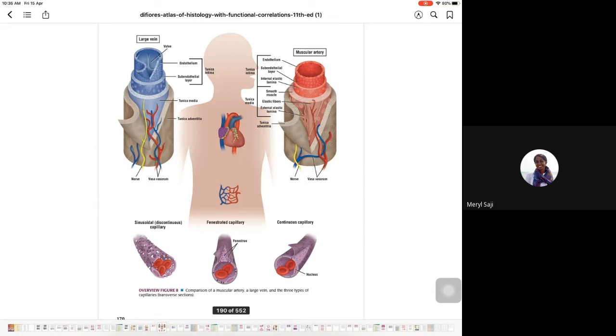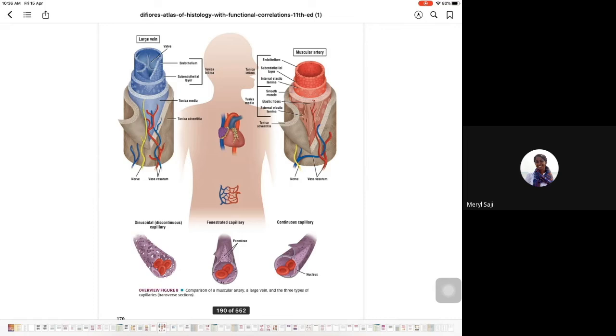And muscular artery, starting from the innermost endothelial, subendothelial layer and internal elastic lamina forming the tunica intima, and smooth muscle, elastic fibers and external elastic lamina forming the tunica media, and outermost tunica adventitia pierced by nerve and vasa vasorum.